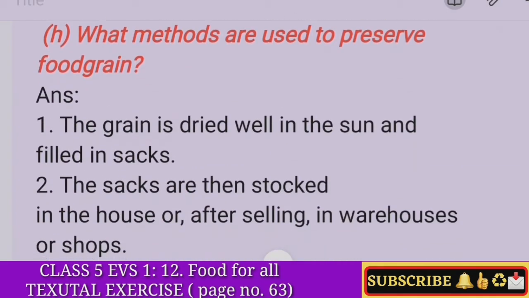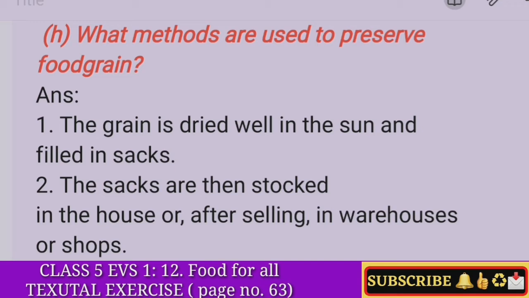H. What methods are used to improve food grain? The answer is 1. The grain is dried well in the sun and filled in sacks. 2. The sacks are then stocked in the house or after selling in warehouses or shops. 3.